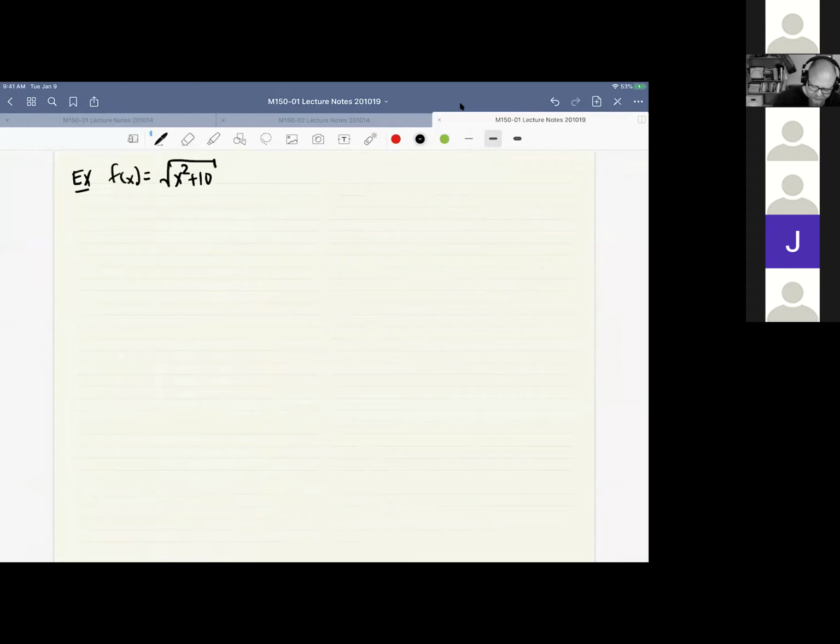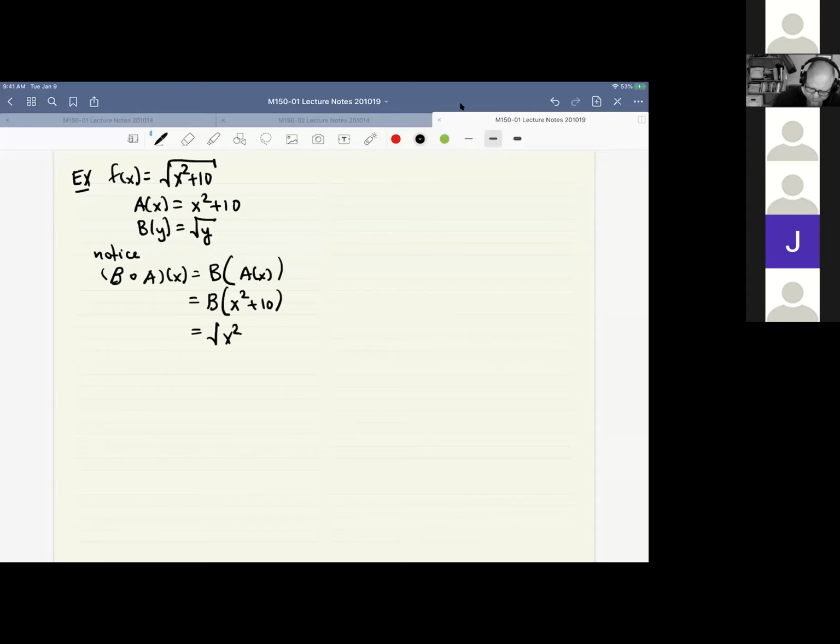So let's write this as a composition. My inside function is x squared plus 10, and my outside function is the square root function. Okay. So we just notice that b composed with a of x, which is defined to be b of a of x, and a of x is x squared plus 10, and b is the square root function.